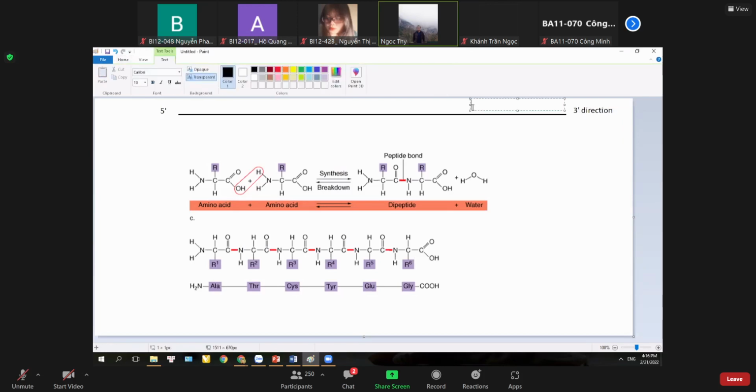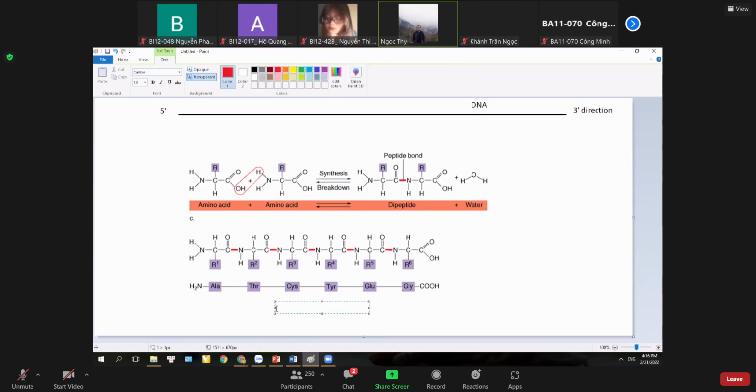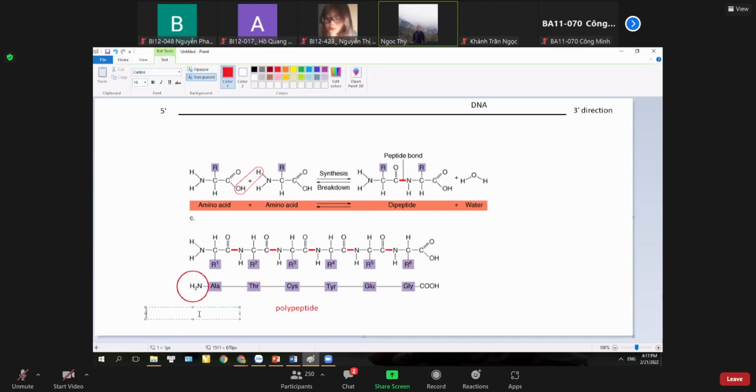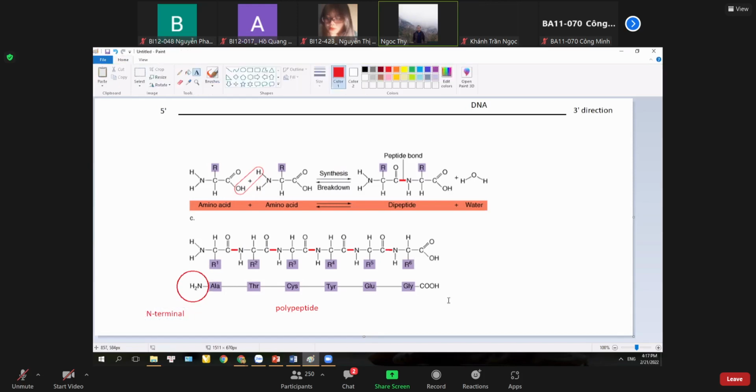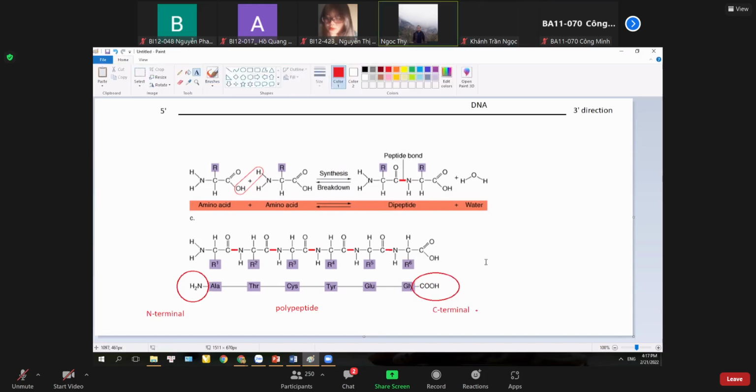Then in the polypeptide, we also have the amine group, or the N terminal, and the C terminal, carbon terminal, of the amino acid sequence. Okay.